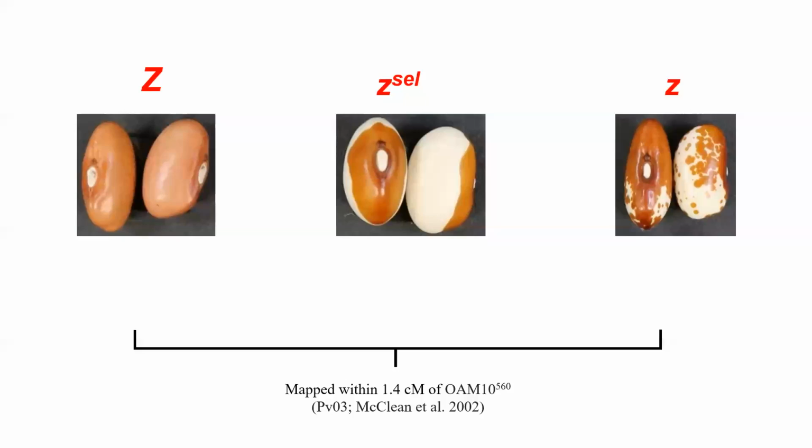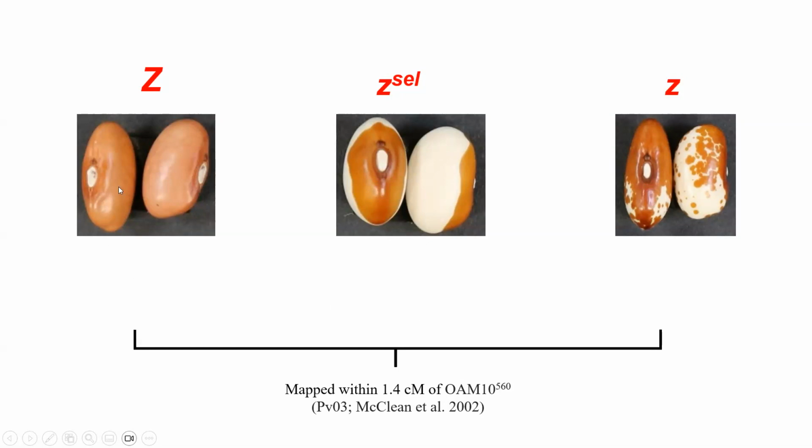One of the other major mutations is a gene called Z, or zonal, and it has traditionally been said that there are maybe 3 different alleles at this locus. So there's wild type, there's a full mutation, and then there's this Z cell.